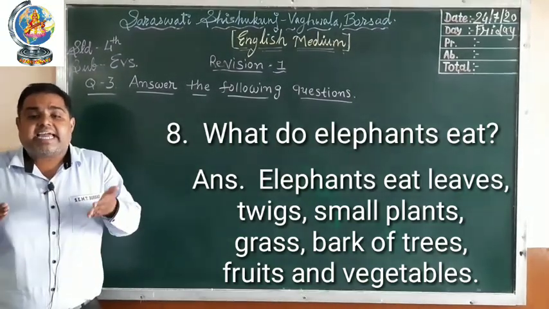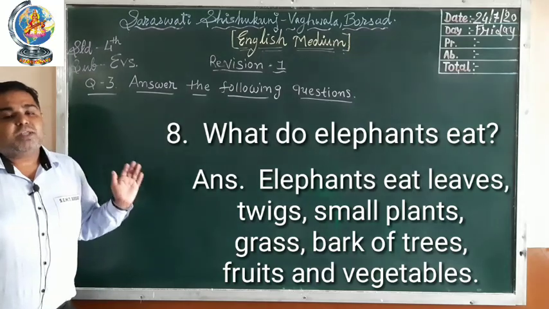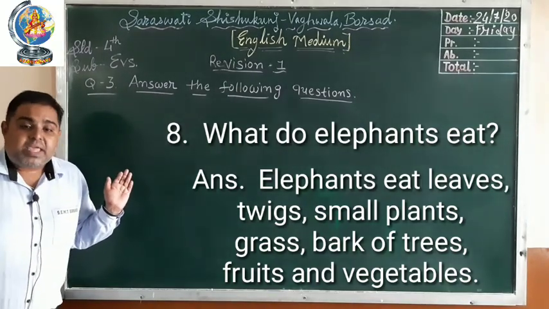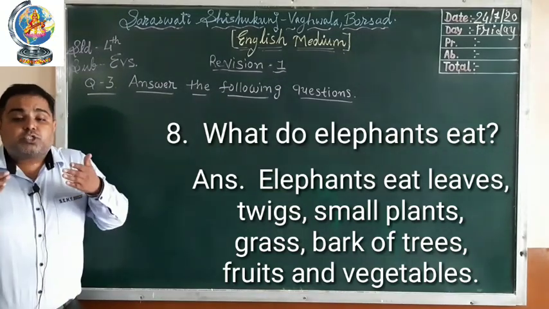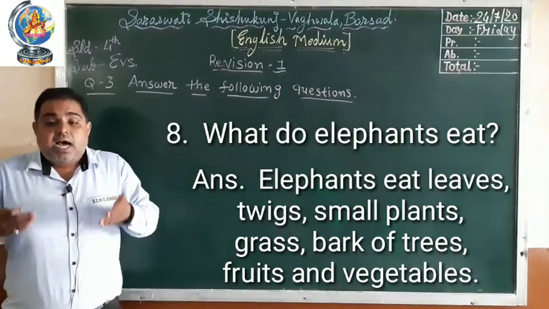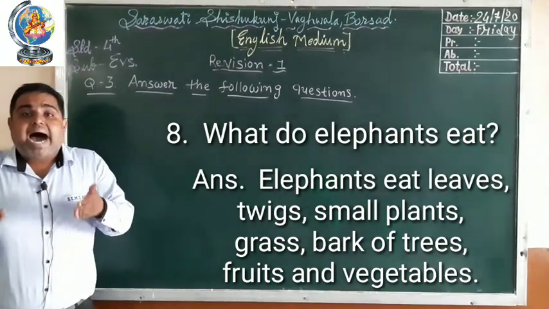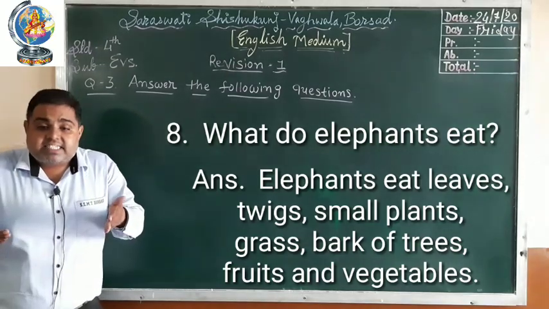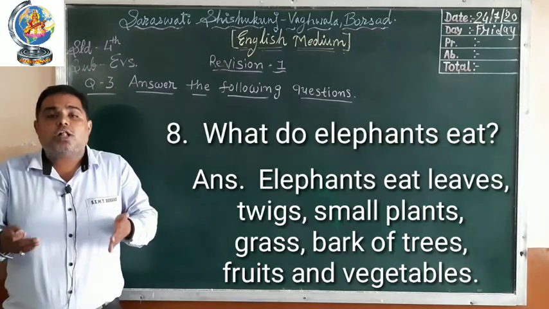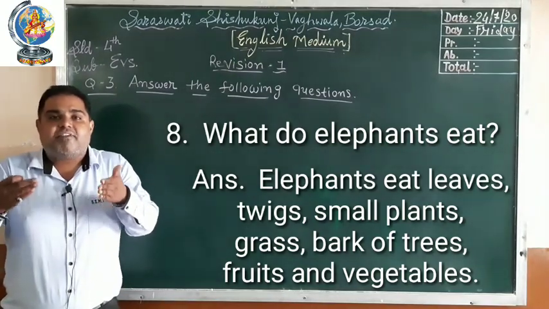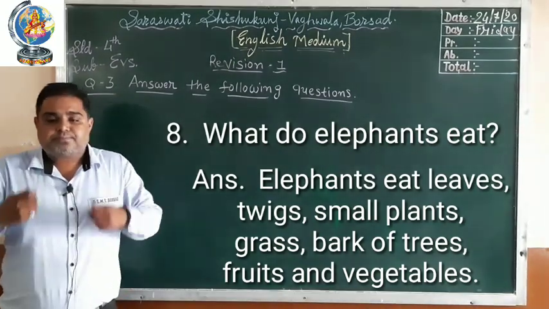All these things that elephants eat. So what do elephants eat? Elephants eat leaves, twigs, small plants, grass, bark of trees, fruits and vegetables. So all these things the elephants eat.